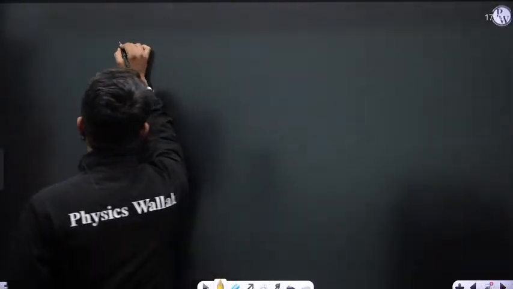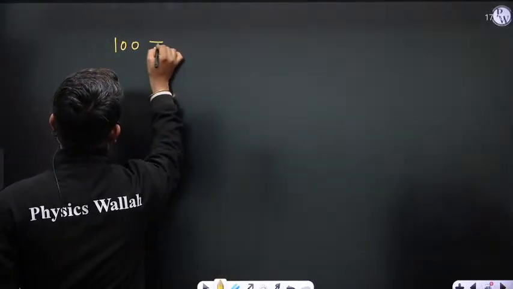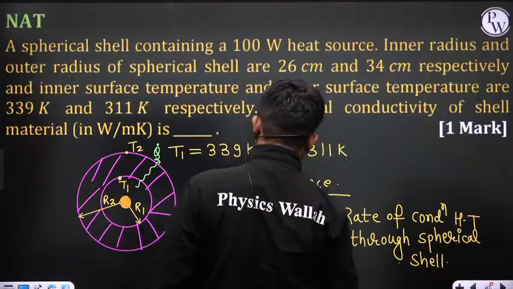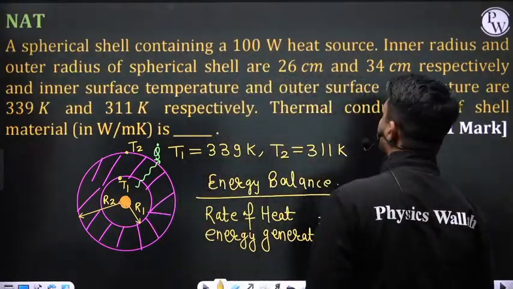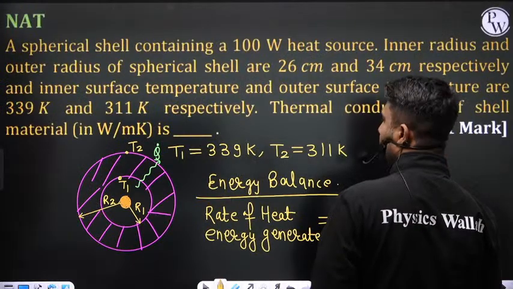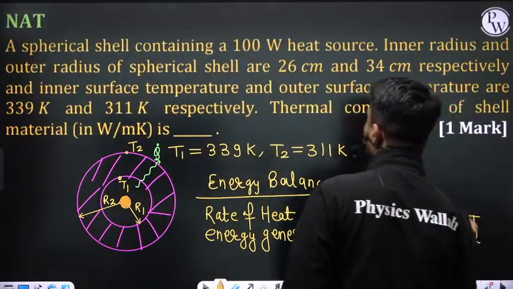So the rate of heat energy generated by the heat source, that is 100, is equal to T1 minus T2.